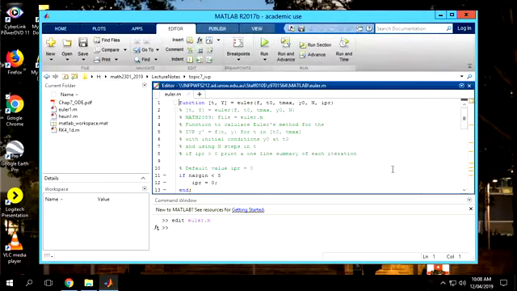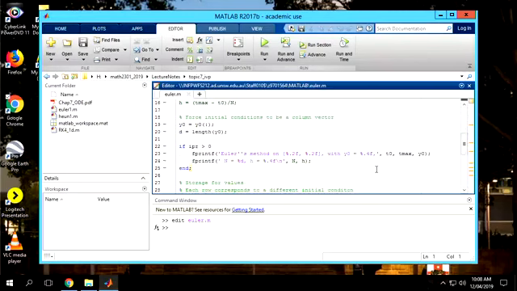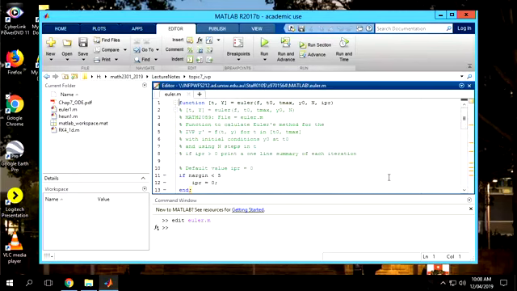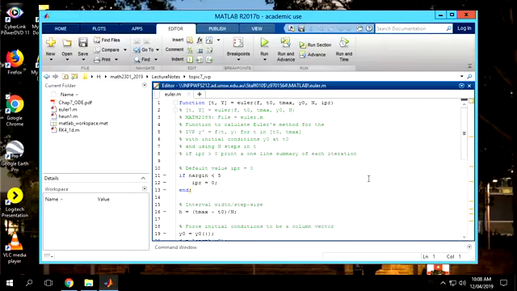Remember last time, this one is available in Moodle, in the lecture notes for the last topic. So you see this is a function that implements the Euler method.